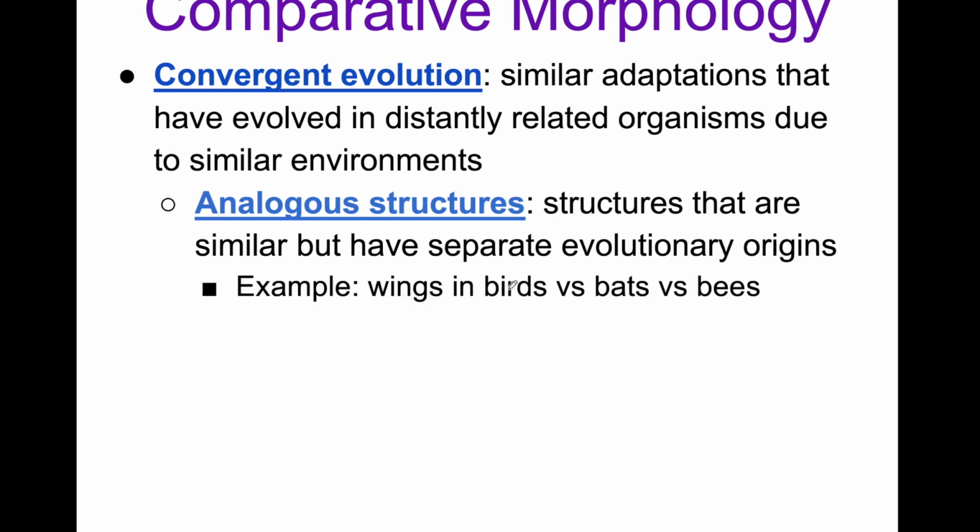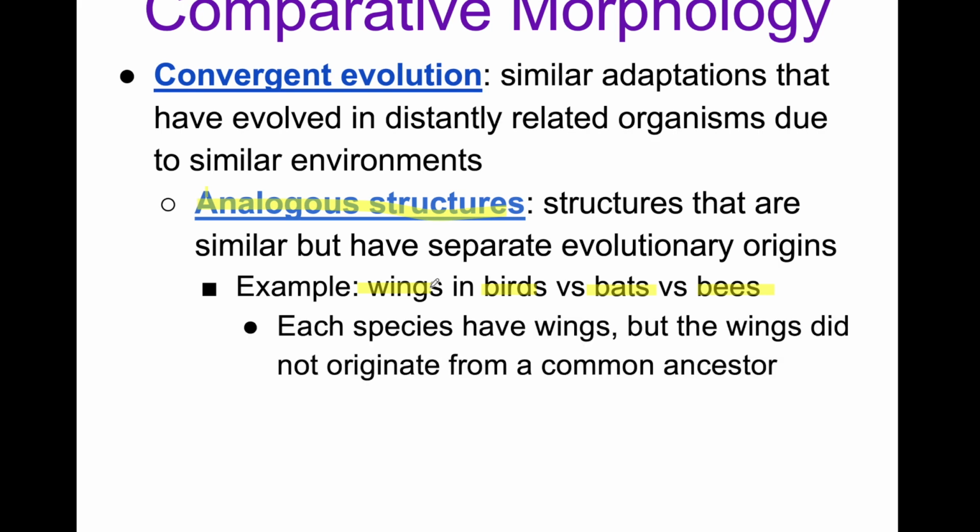An example is wings in birds versus bats versus bees. The structures of those wings have separate evolutionary origins. Birds evolved differently than bats, which evolved differently than bees, but they have analogous wing structures. Each species has wings, but the wings did not originate from a common ancestor.